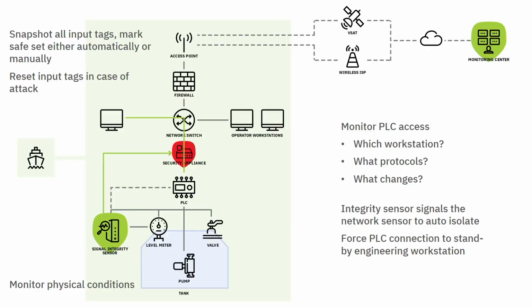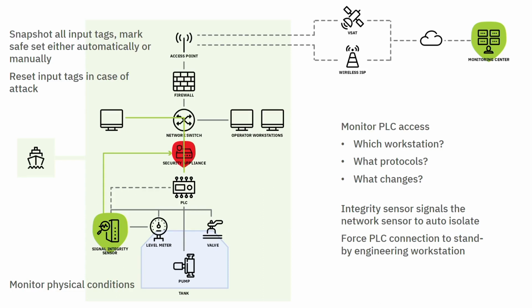Based on that, the signal integrity sensor can now signal to the network appliance that there is a problem on this particular system, and then we can auto-isolate the workstation that is creating the impact to a standby workstation. That way the attacker is taken off the system, and then we can start our auto-recovery process, okay?